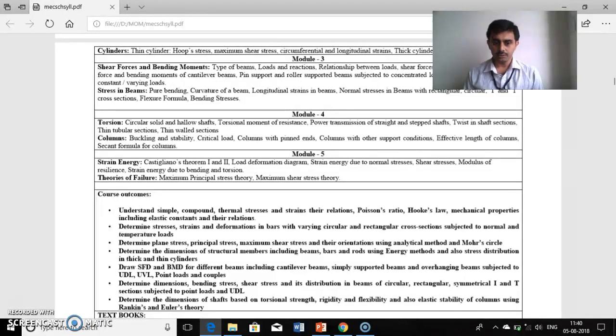And in module 5, strain energy, Castigliano's theorem 1 and 2, load deformation diagram, strain energy due to normal stress, shear stress, modulus of resilience, and theories of failure. These are the things covered in module 5.